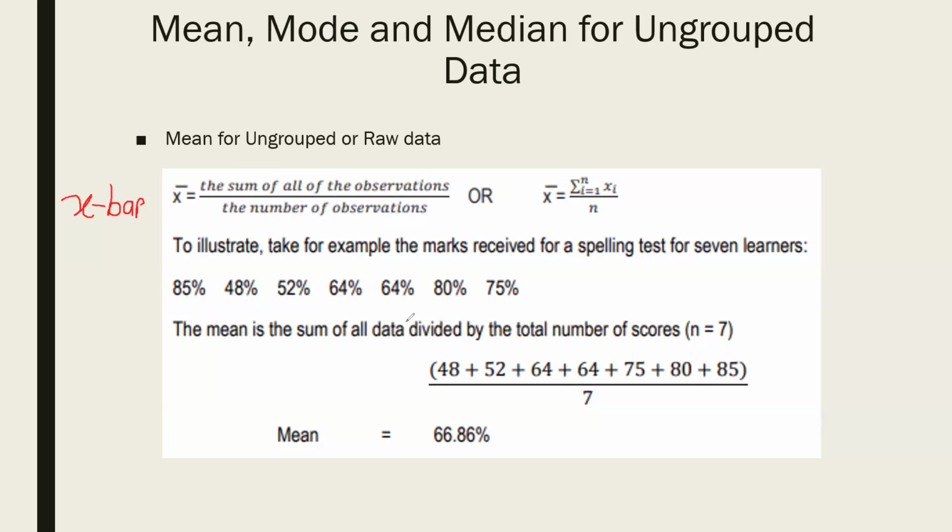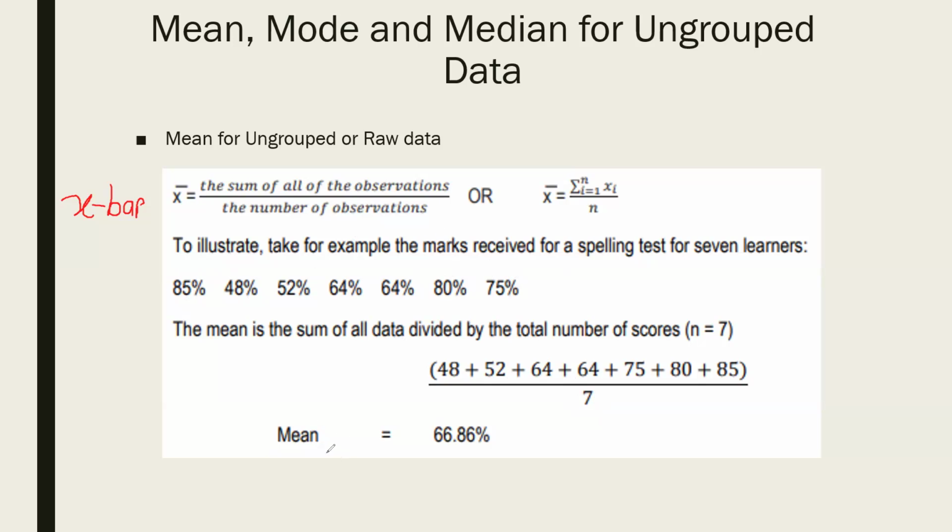The observation in this case is the mark. So you sum all the marks. The number of observations is how many times you recorded a mark. In this case, we recorded 7 marks for different learners. So after adding all the marks, you divide by the number of people that correspond to these marks. Basically, that's how you do an average.